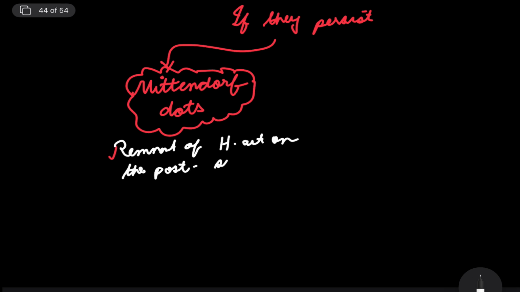Remember that the hyaloid artery was running from the optic disc up to the posterior surface of the lens. So if the entirety of the hyaloid artery has disappeared, but some part of it remains on the posterior surface of the lens, then that anomaly is called Mittendorf dots.